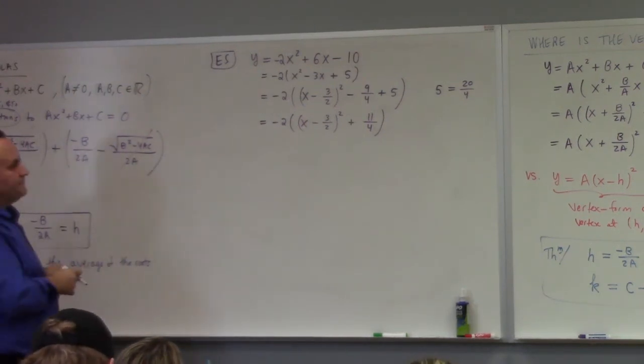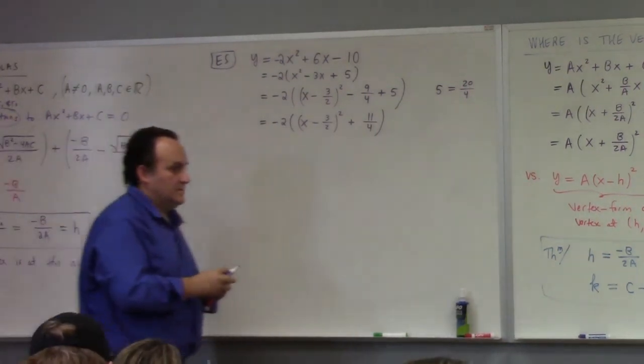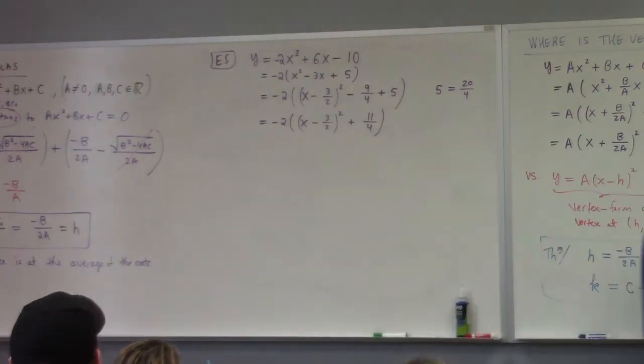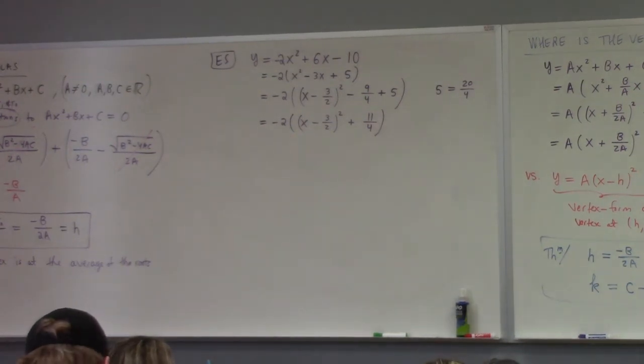Now be careful, that's not vertex form. You see how vertex form works? Vertex form has the a factored out just from the first term, not from both terms, right? So to get the vertex form, I have to do one more step, yeah? I have to multiply the minus 2 through there, right?